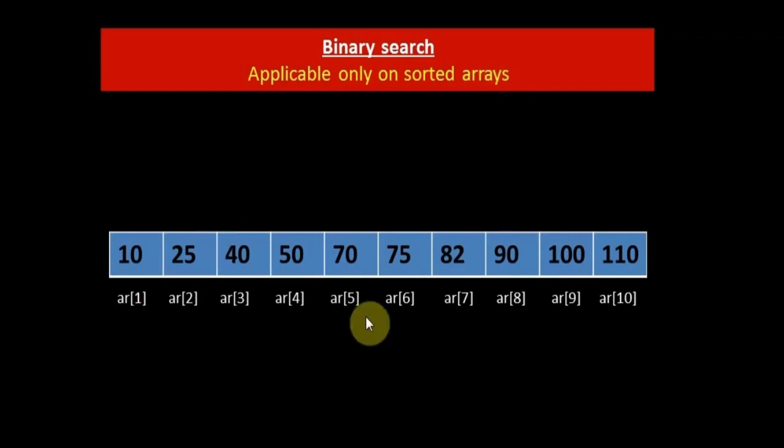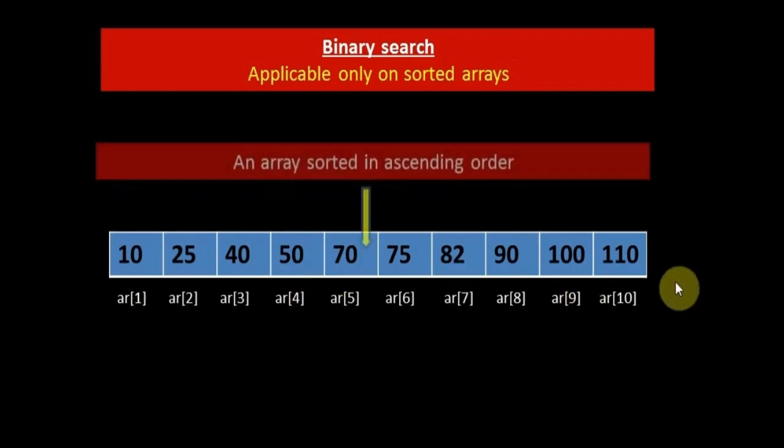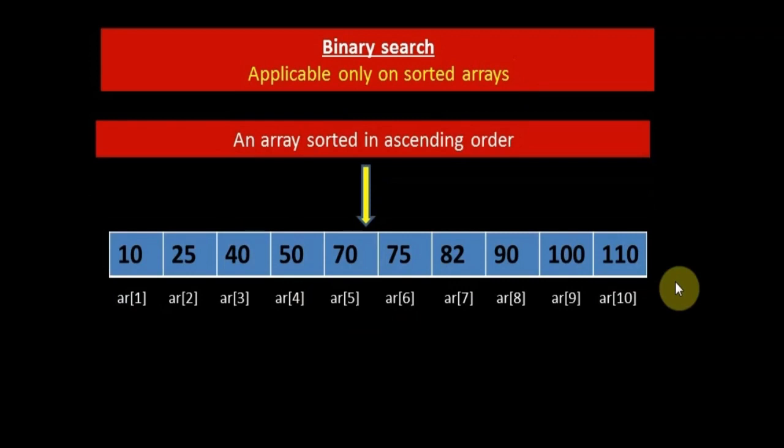Like in this example, as you can see, this is an array with the name AR and its elements are sorted in ascending order, right? So what I will be doing is I will be starting searching from the middle element. If the element happens to be smaller than this middle element, then I will be looking for the element only from the left subarray, this one.